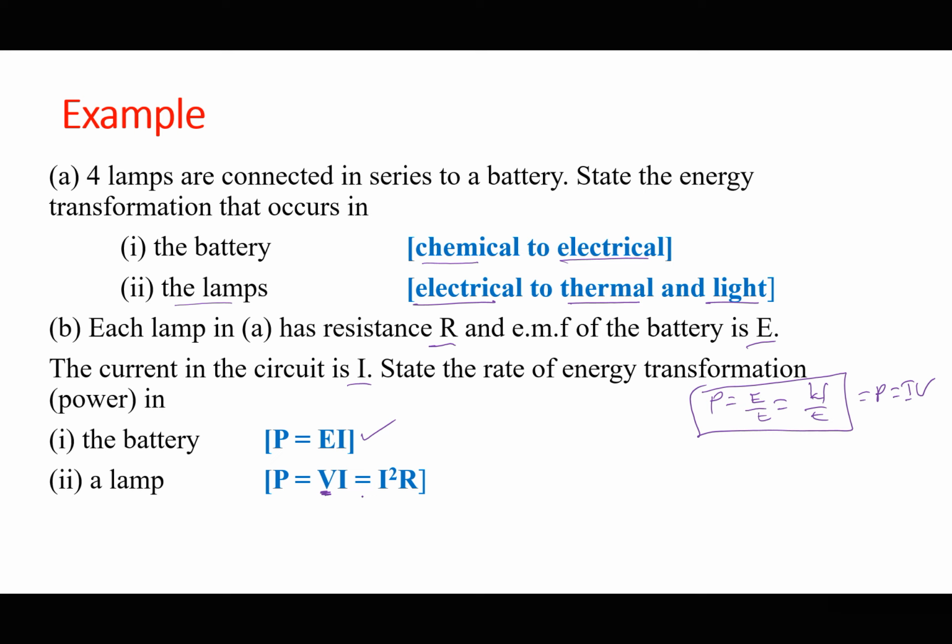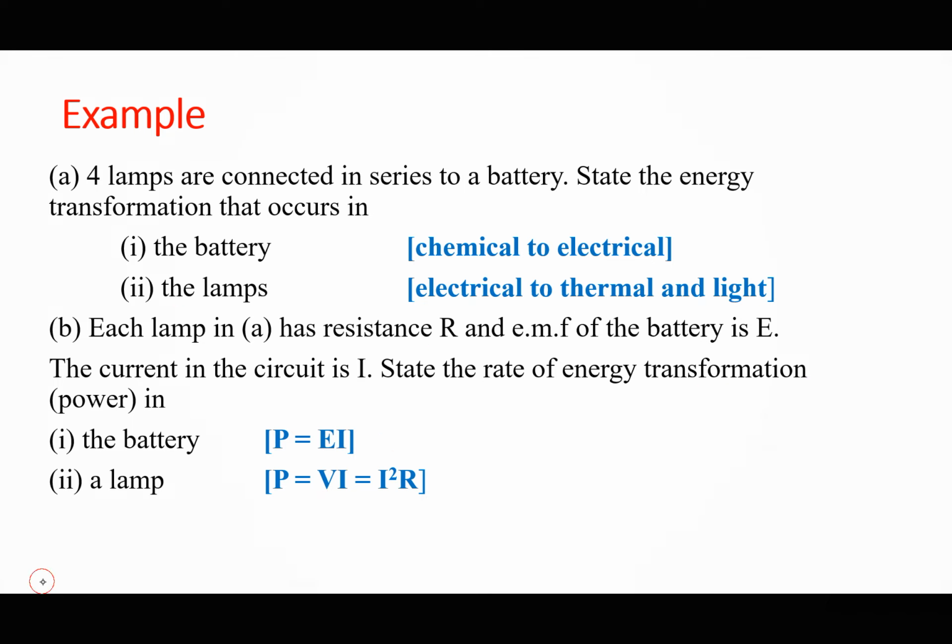So if we consider a lamp, V is going to be the PD, which could also be I squared times R, that is from V equals IR, which we shall call Ohm's law later on, but you saw this in GCSE. So that is the difference between EMF and PD.